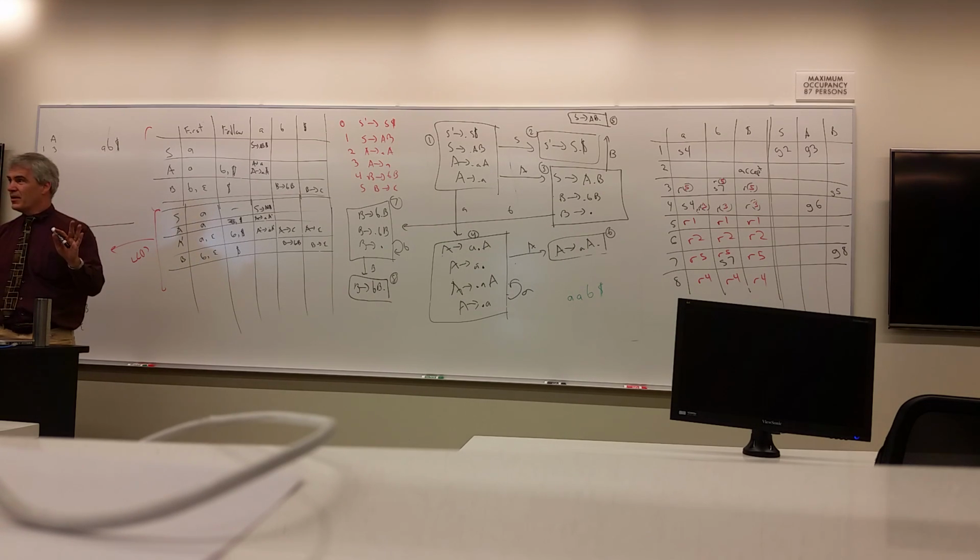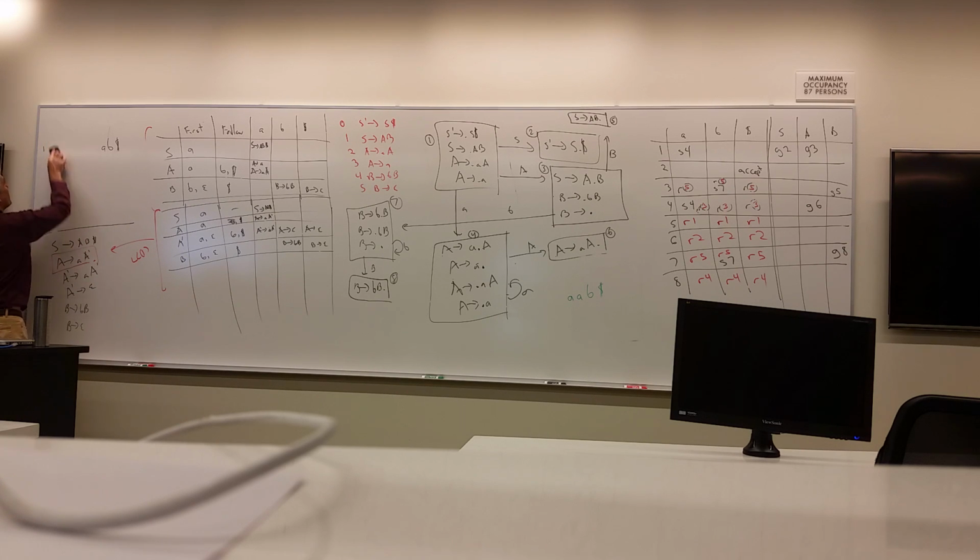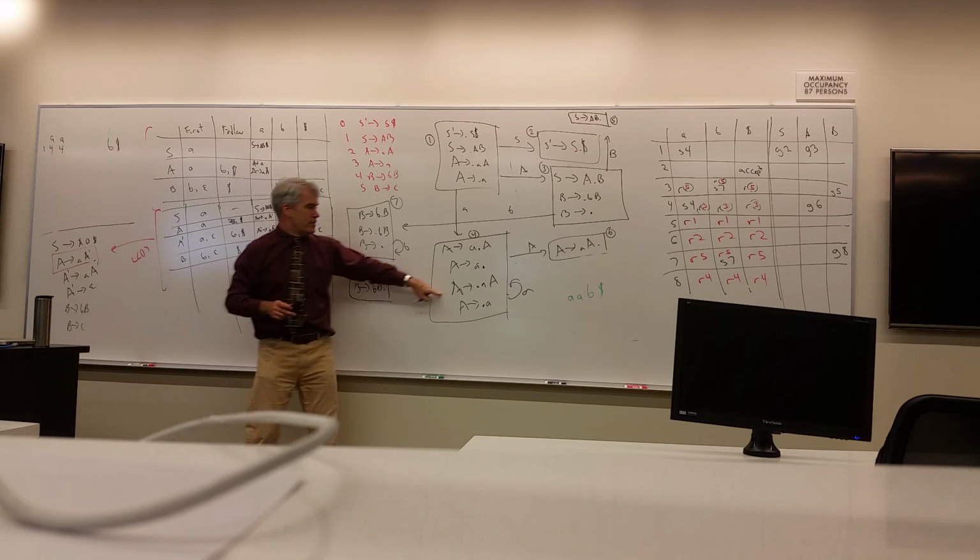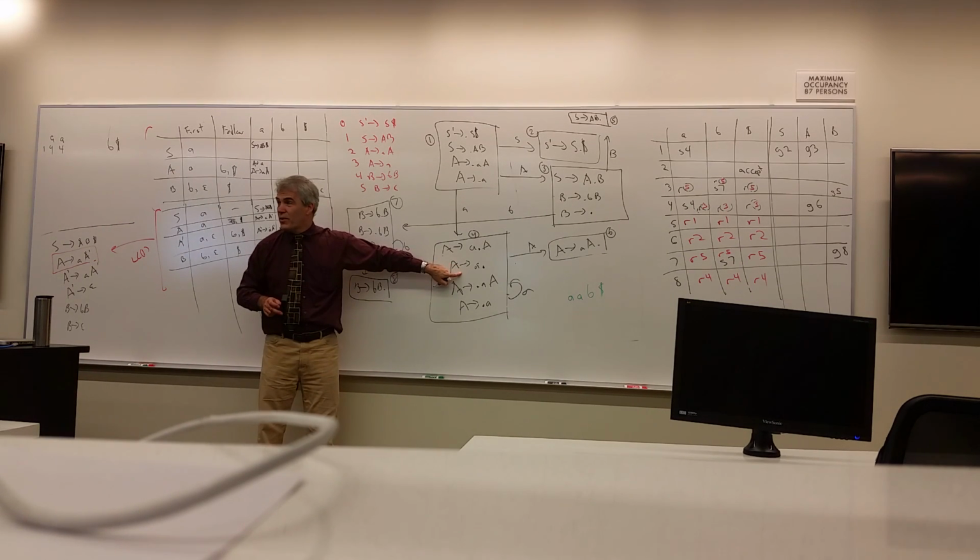Make sense? So let me back up, rewind time a little bit. What would have worked is if I started with state 1, and I see an a, I shift to state 4, just like before. And now in state 4, if I see a lowercase a, I shift to 4 again, and now in state 4, I can go ahead and reduce by this rule.